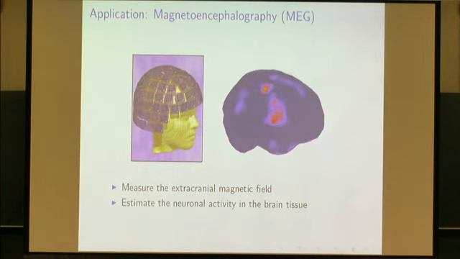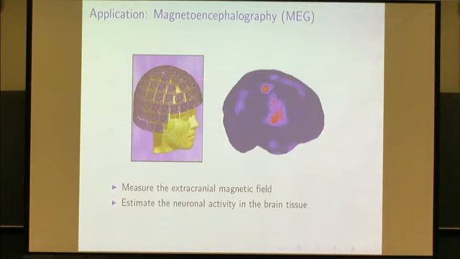Here is the MEG device dismounted. Here you see the gradiometers. What they're actually measuring are the tangential gradients of the normal component of the magnetic field outside the head. You have these H-shaped loops here, and if you count all the channels, you have a little bit more than 300 of those channels that you are observing.